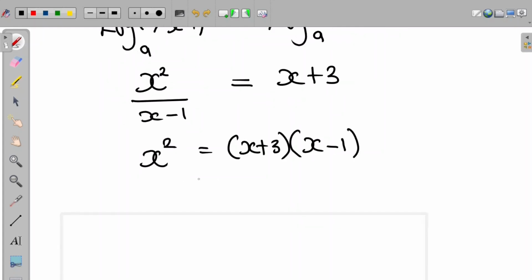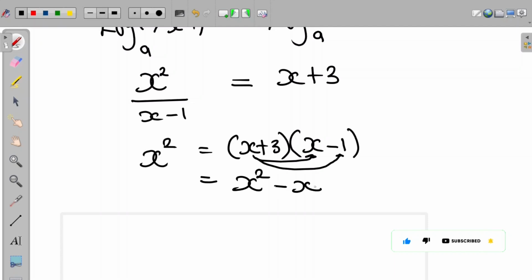So now let us expand the bracket. So we have x multiplied by x, so we have x squared, x multiplied by negative 1, so we have negative x, 3 multiplied by x, so we have plus 3x, and 3 also will multiply negative 1. So this becomes negative 3.